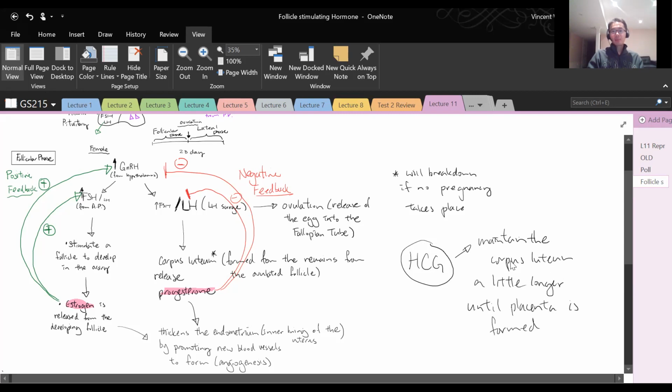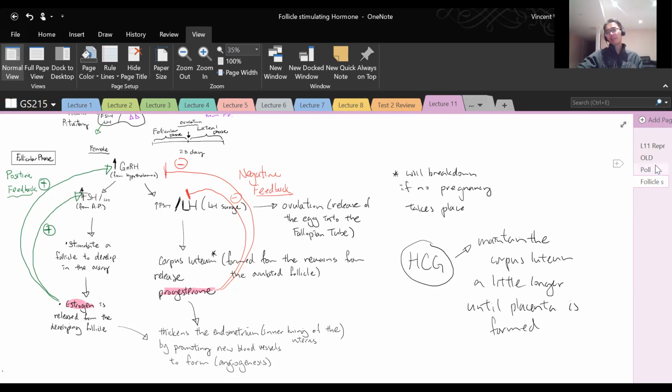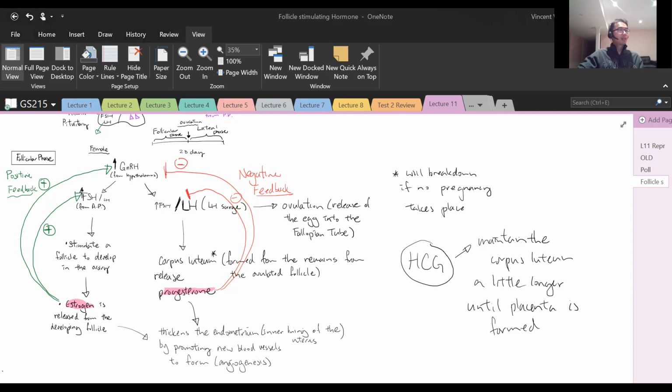Why do we want to keep the corpus luteum around if pregnancy occurs? Anybody want to answer that question for me? Why are we keeping the corpus luteum around?